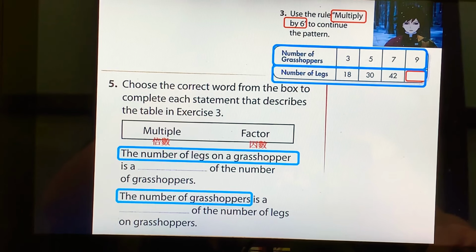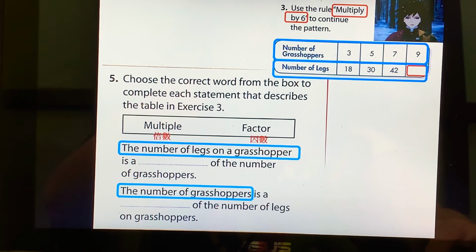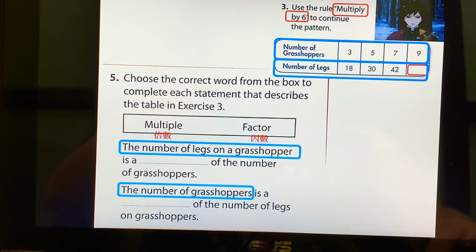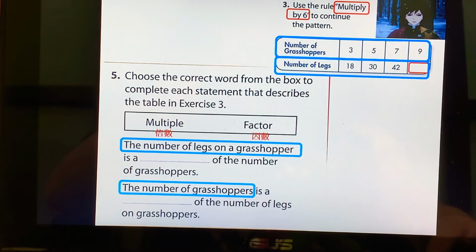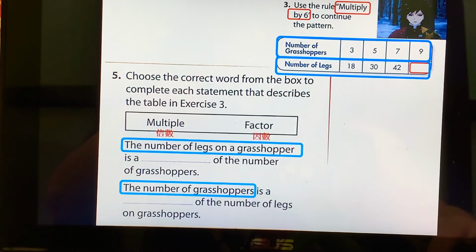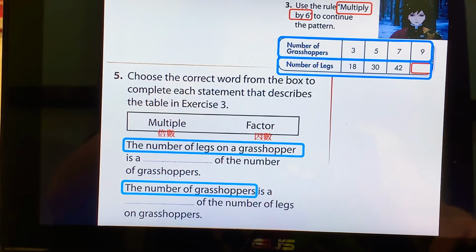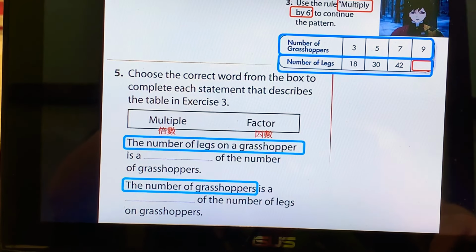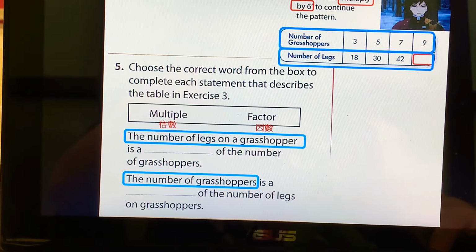The number of grasshoppers is a blank of the number of legs on grasshoppers. 蟋蟀的数量是蟋蟀的腿的数量的什么？ Fill in the correct words.